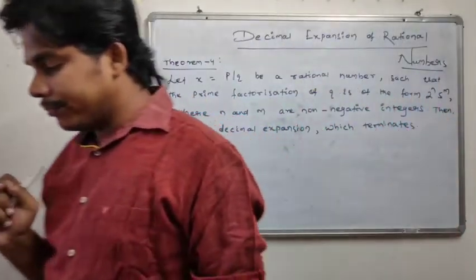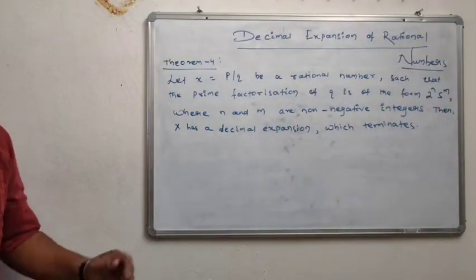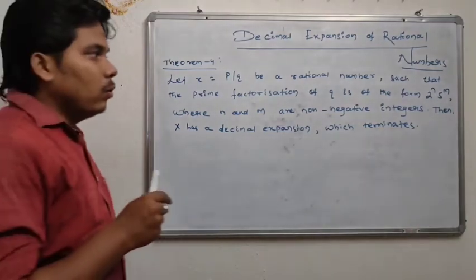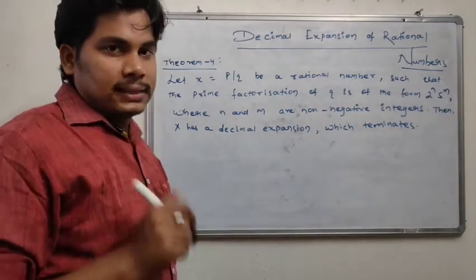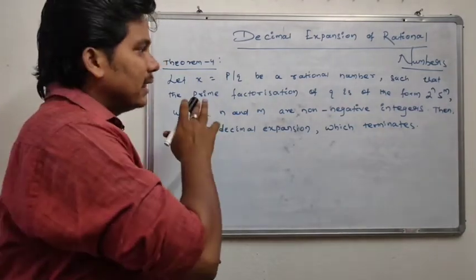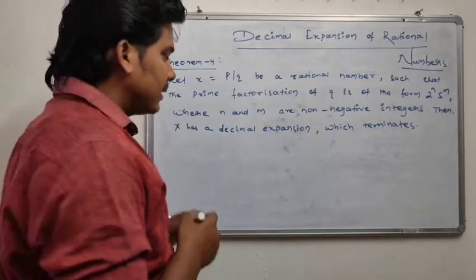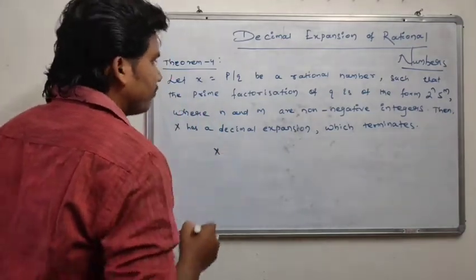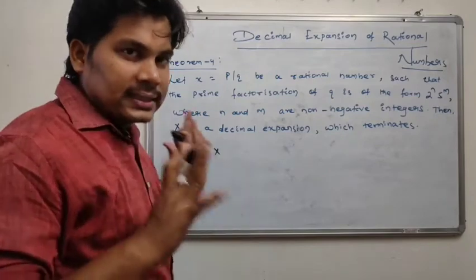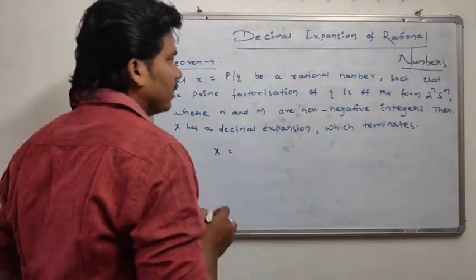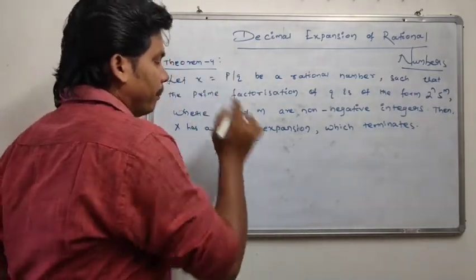What does that mean? You can clearly see one number is given, x, which is a rational number in the form p by q.